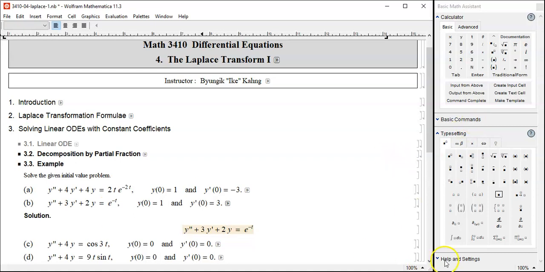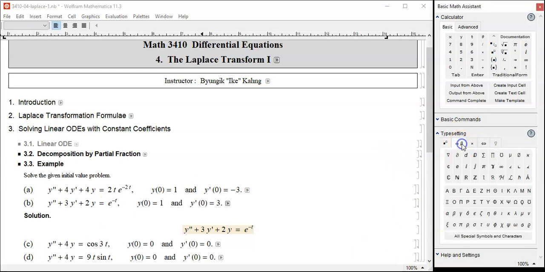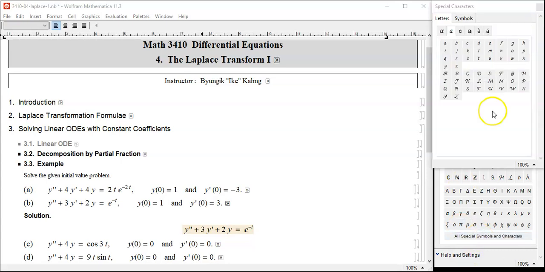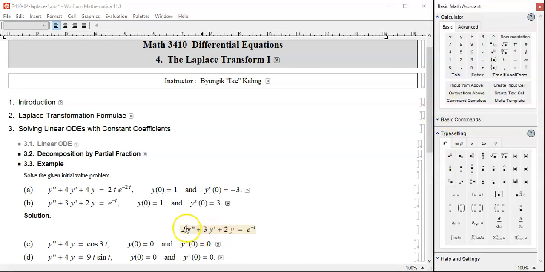Let's take the Laplace transform of each term separately, and I'm going to need a special font for that. Second derivative.